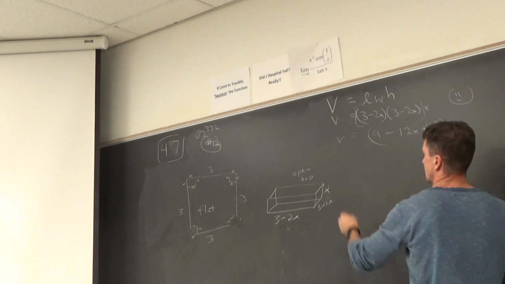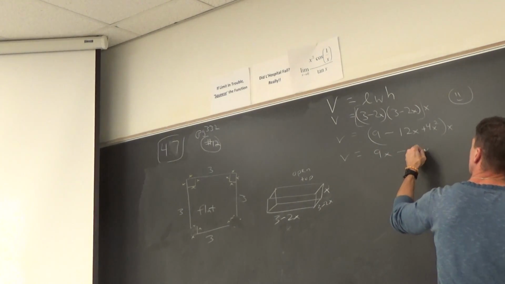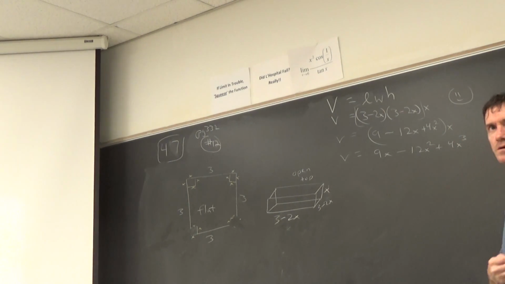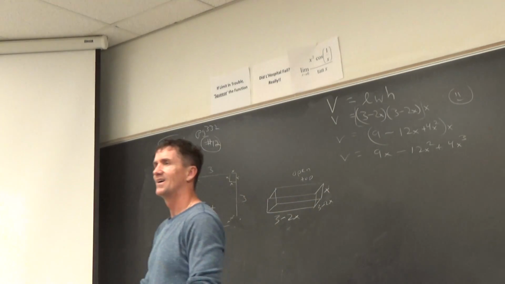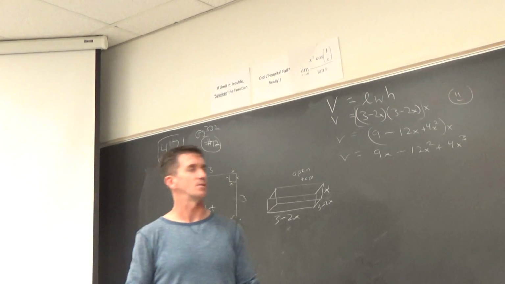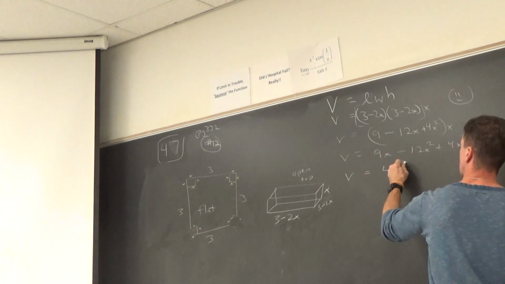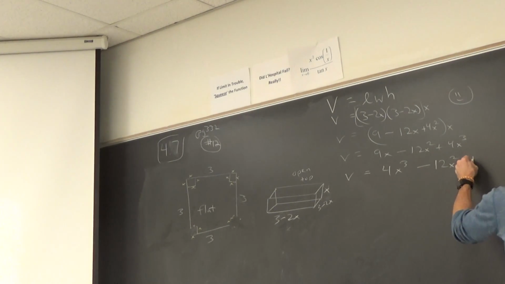So would you expand that? 9x minus 12x squared plus 4x cubed. So far so good? Maybe I should write this from highest power to lowest power. Some of you have that habit, that's pretty good. 4x cubed minus 12x squared plus 9x.